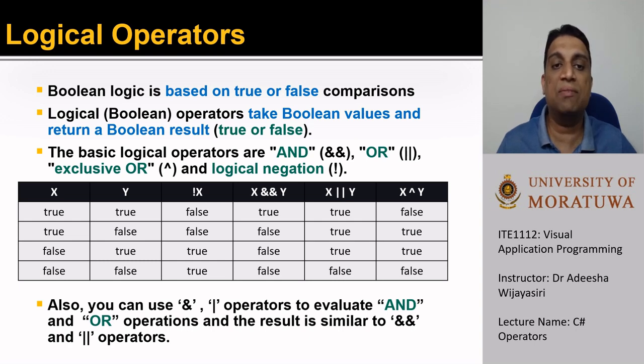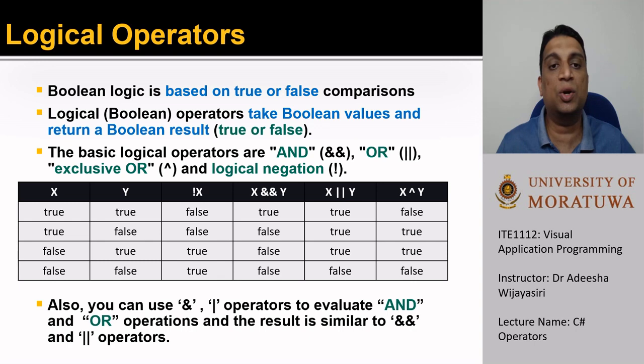Here, x and y denote the operand values and output value after the operation is shown in respective columns. As an example, if both x and y are true, then x conditional logical and y is also true. But if either of operand is false, then x conditional logical and y is false.